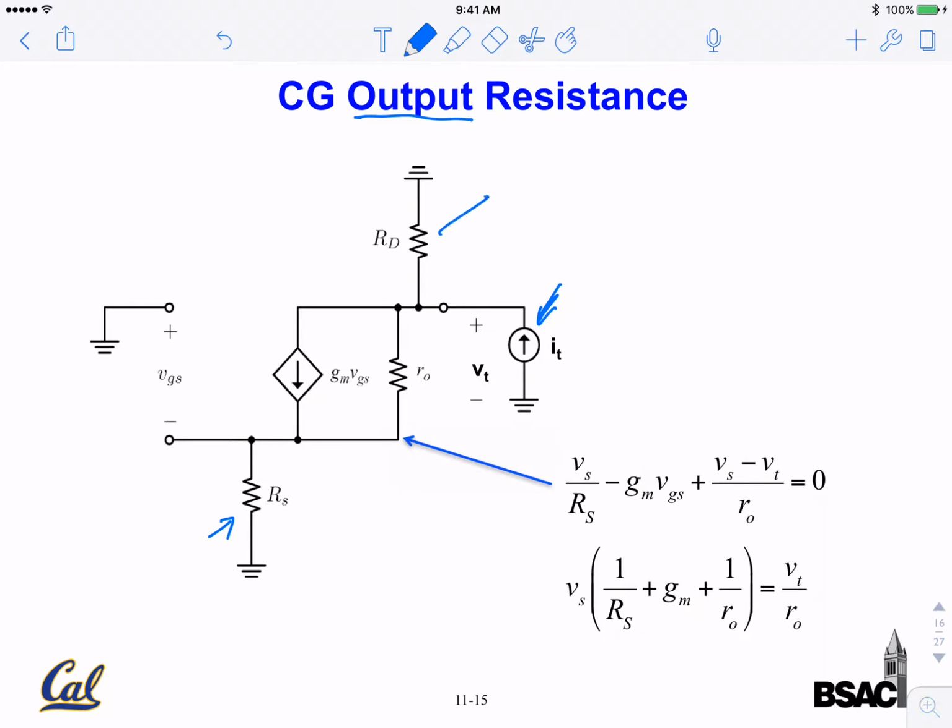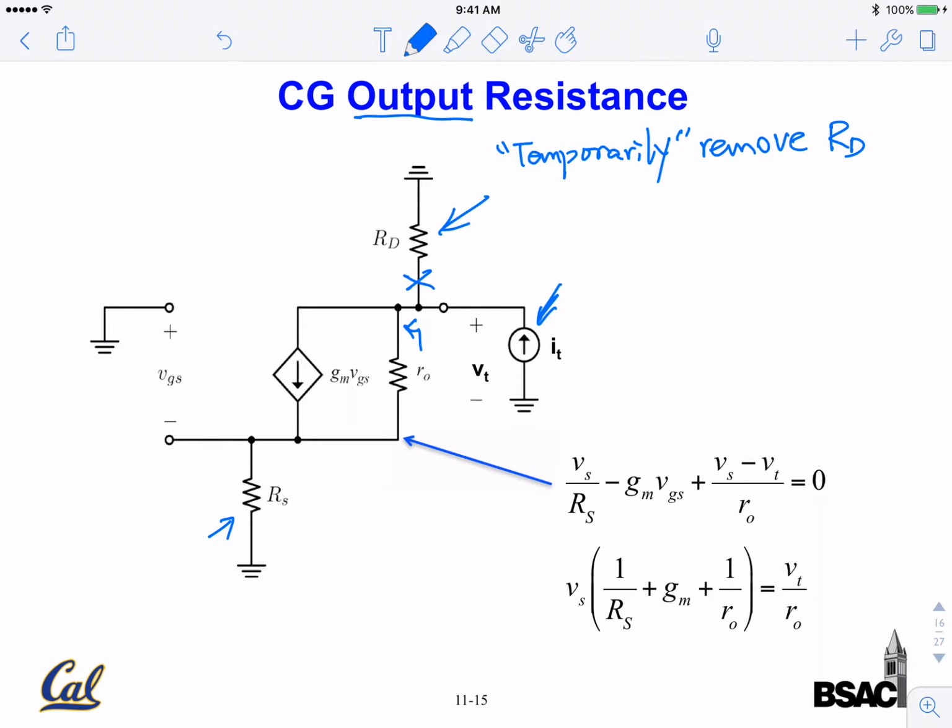Let's temporarily take out RD. What do we mean by temporarily removing RD? We kind of cut open here for now. When we find our output resistance, we put RD back in parallel with whatever we found. Whatever we found is from the rest of the circuit. Taking out that branch makes our analysis much simpler with no impact on the accuracy.